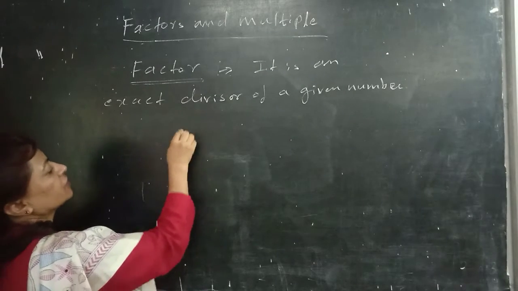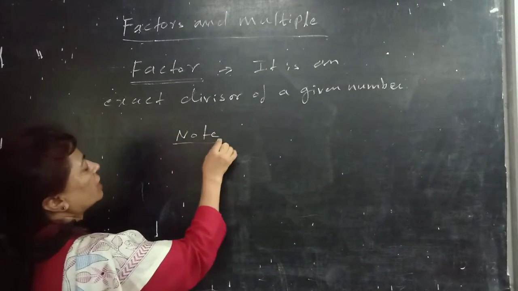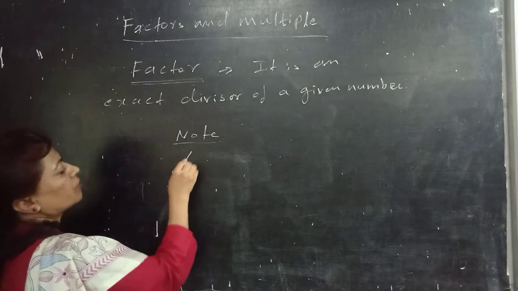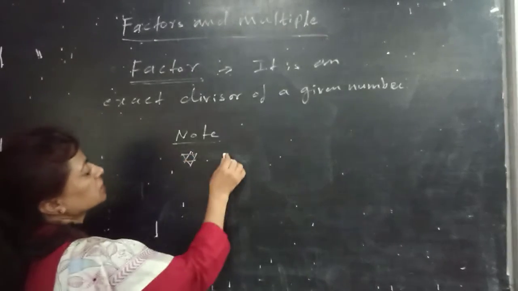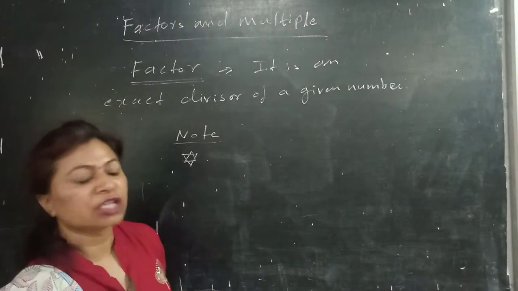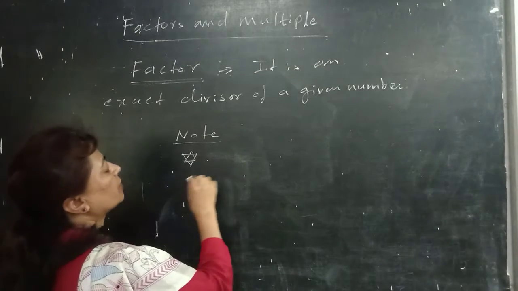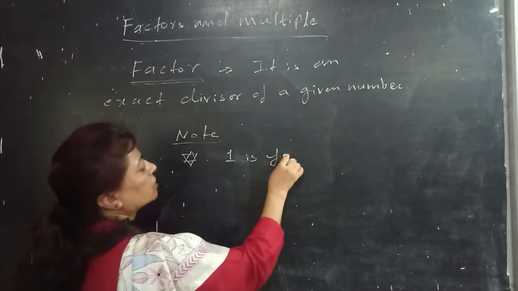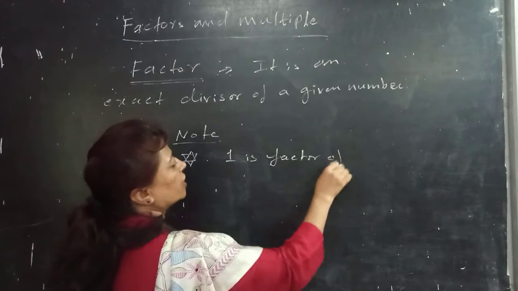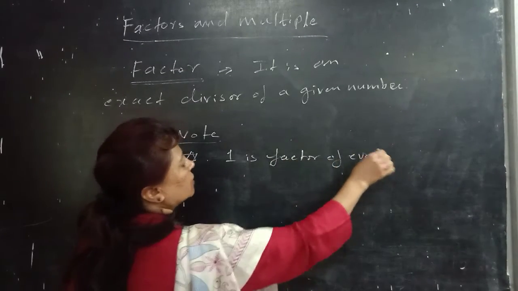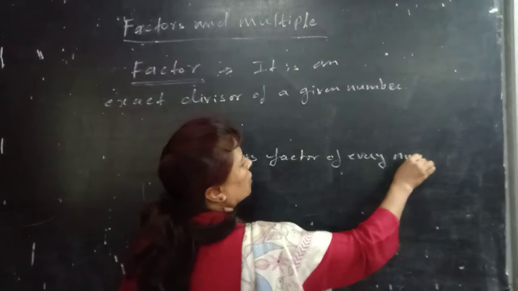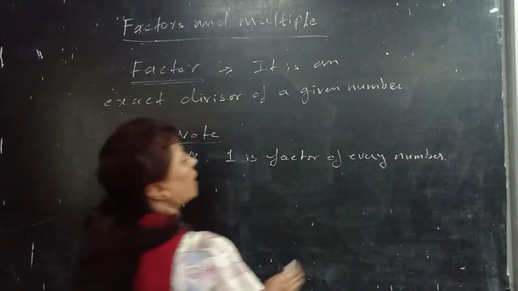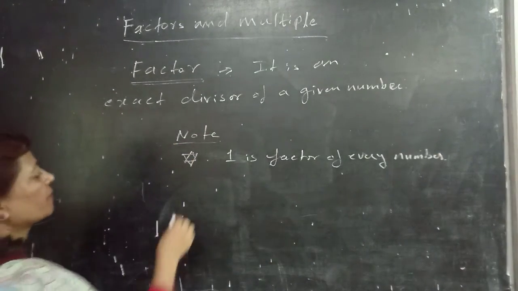Now there are some important points which we have to note in the case of factors. We have done 2 examples, and in both the examples we have obtained that one is a factor of every number.